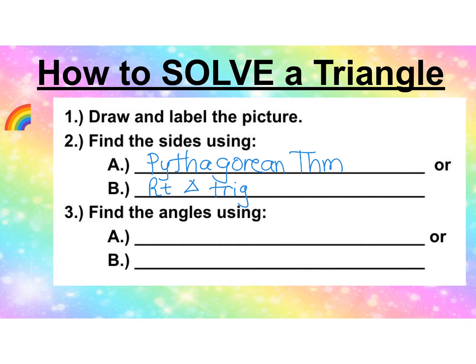You could find your angles by using, well, if you have two of them, maybe you could just use the triangle sum theorem, that all angles add to 180. That would be helpful. Or maybe you have to use inverse trig. And remember, we use inverse sine, inverse cosine, inverse tangent when we don't know the angle.